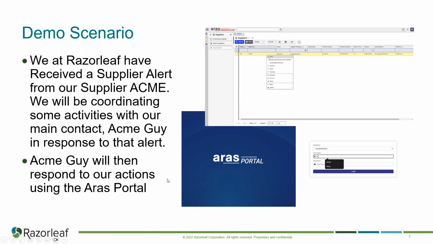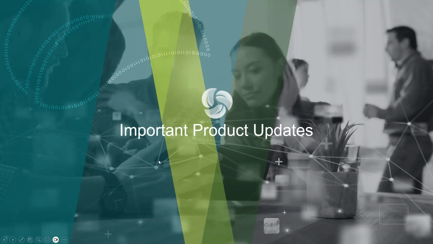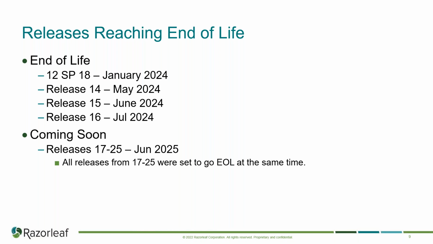But there's good news for those of you running 17 and up. Aras actually pushed back the end of life dates for those releases all to an even June of 2025. So while release 17 would have been on pace to be deprecated in August of 24, 18 September, et cetera, those have all been pushed back to an even June of 2025. So you have a bit more time if you're running those releases, but anything preceding that, feel free to reach out to your partners and make sure that you are getting into that upgrade queue.